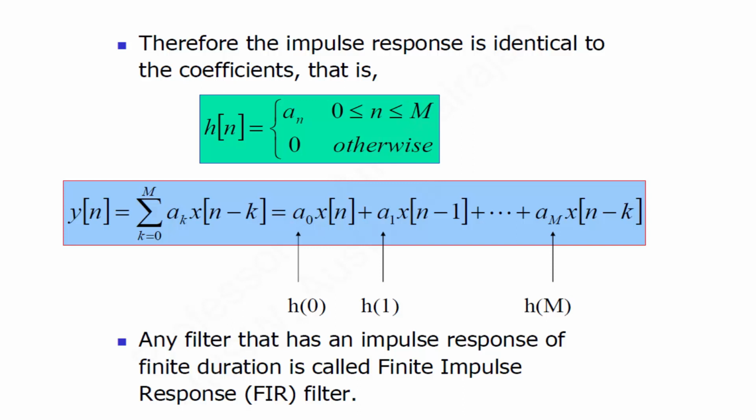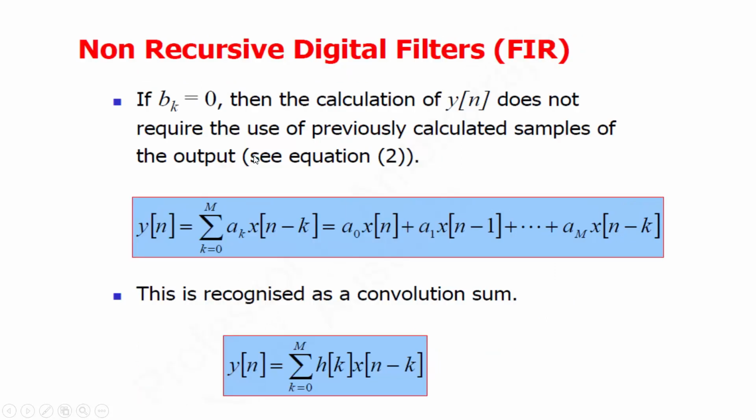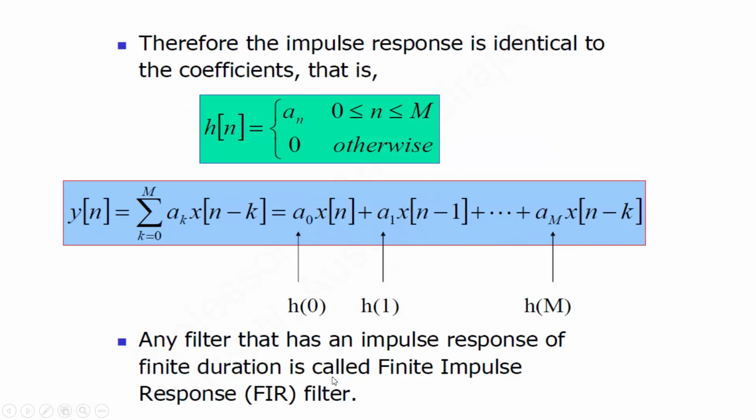Therefore, the impulse response is identical to the coefficients. That is because if you look at the general formula of the convolution sum and compare this equation with this equation, you will see that h_k are basically a_k only. h[n] are basically a[n] or a_k only. Therefore, the impulse response is identical to the coefficients.